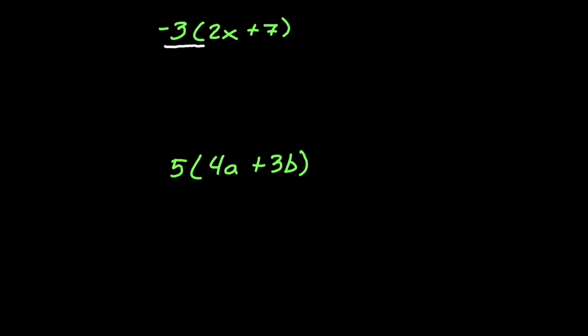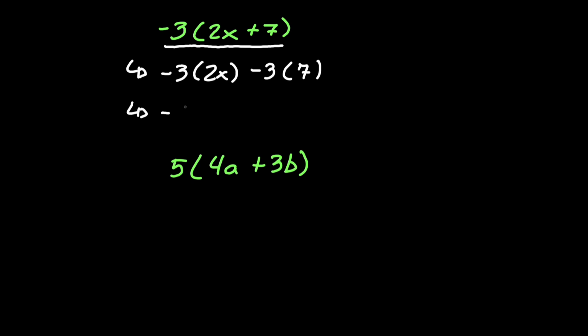Negative 3 multiplied by 2x plus 7. It would be negative 3 multiplied by 2x minus 3 multiplied by 7. So negative 3 multiplied by 2x would be negative 6x. Negative 3 multiplied by 7 would be negative 21.